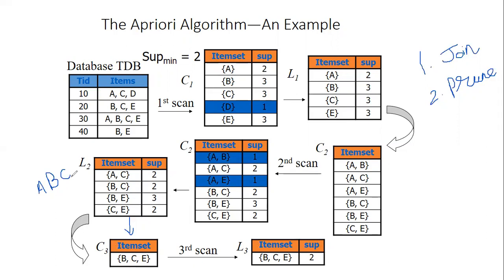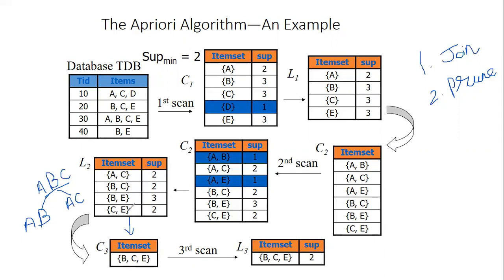Why? Because what are the subsets of A, B, C? The subsets of ABC are AB and AC. Yes or no? When we look into the frequent item set L2, there is no AB.